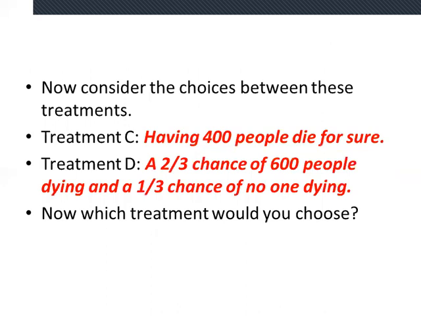Now, let us consider another choice between two treatments, treatment C and treatment D. These are negative framings because they tell about the possibility of deaths, whereas the other treatments, A and B, which we have seen, tell us about the possibility of saving lives, but these two treatments, C and D, tell us about the possibility of death.